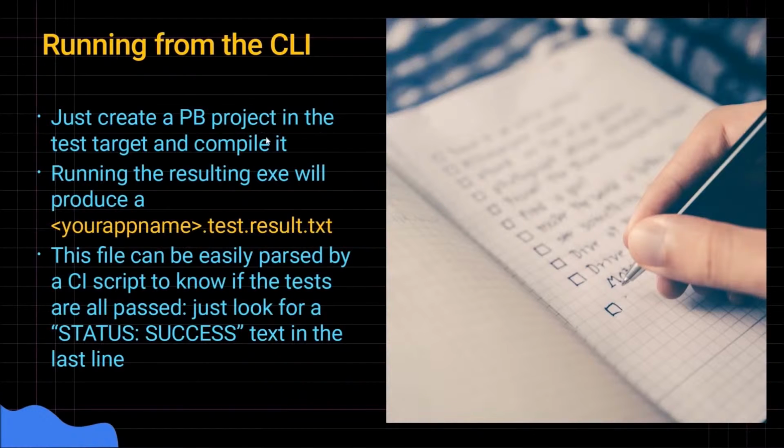We just need to create a PB project in the test target and compile it. And when we run the resulting exe, it will produce the test results files. These text files can be parsed by a CI script to look for the status success and decide to go on with the build or not.